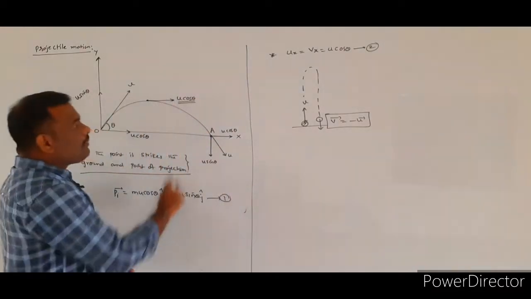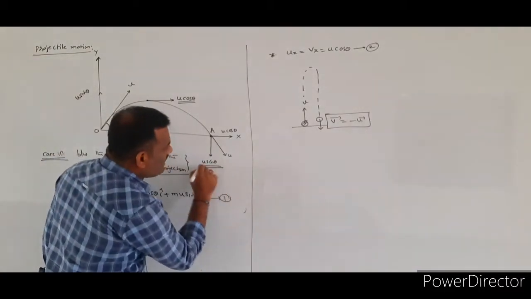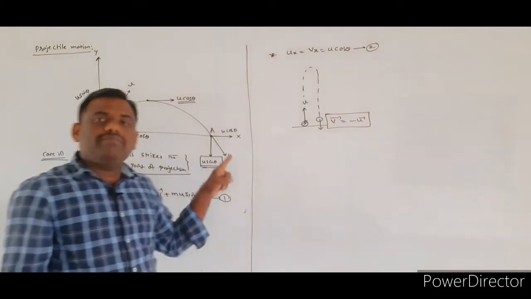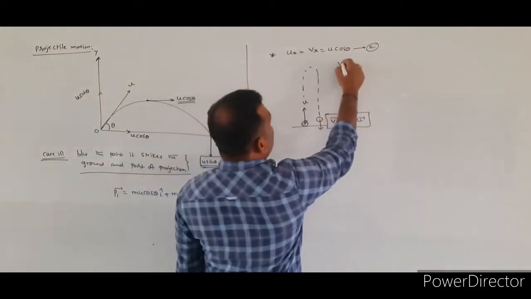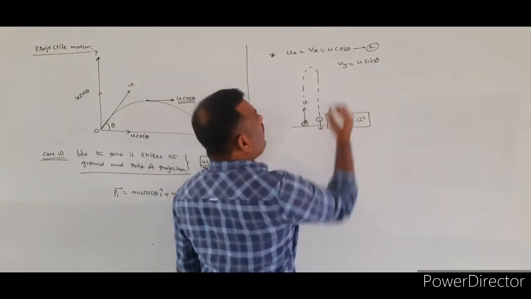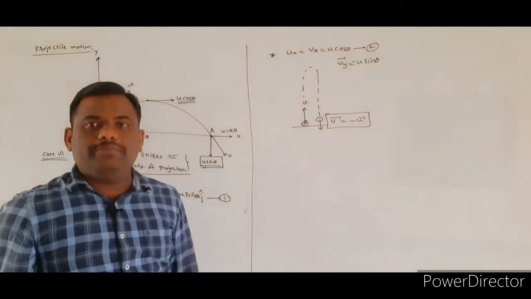Similarly, whenever the projectile reaches the ground, the vertical component of the velocity will act in the downward direction, but its magnitude does not change. So the vertical component of the velocity is equal to what? U sin theta, but when you consider the vector notation, a negative sign will come.